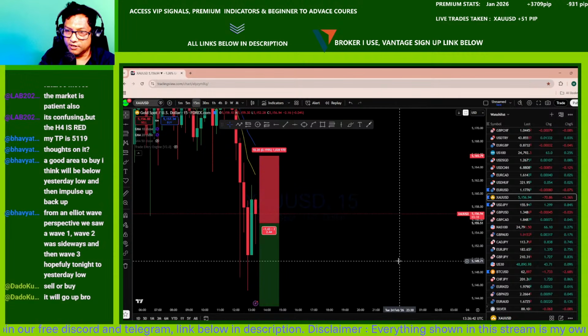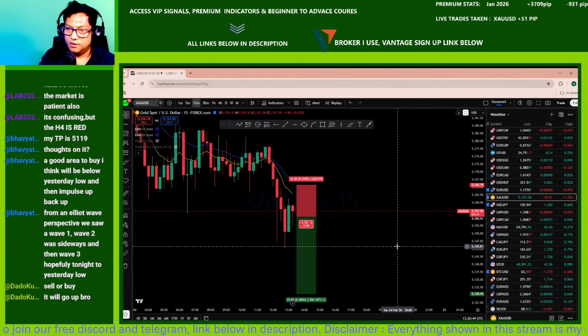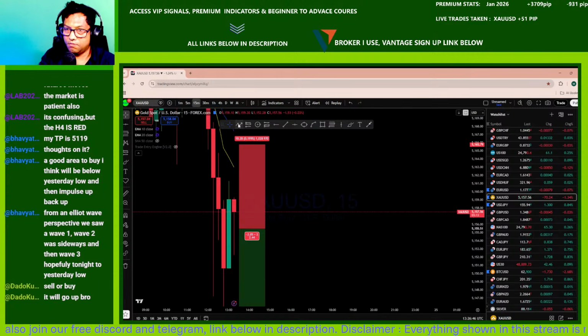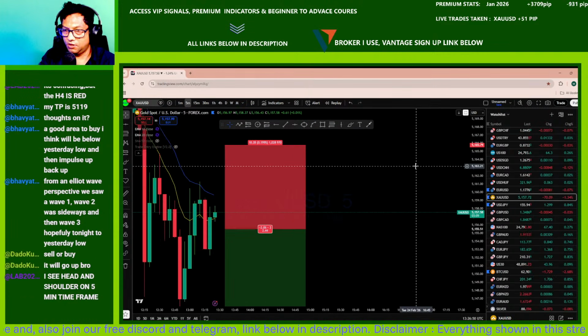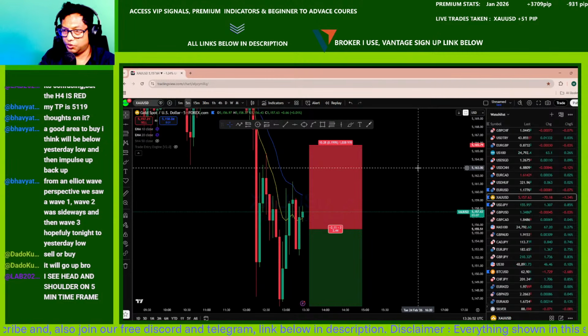It left the imbalance here, right? It may, this is both directional bias is possible here.